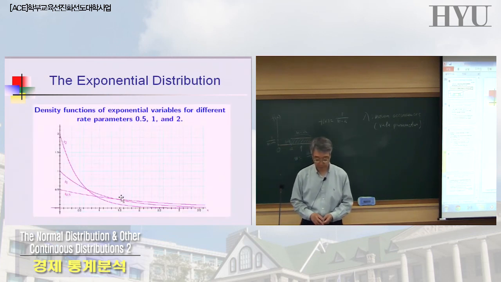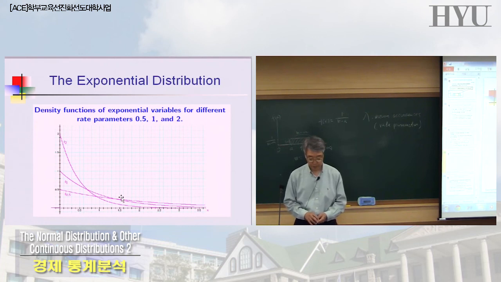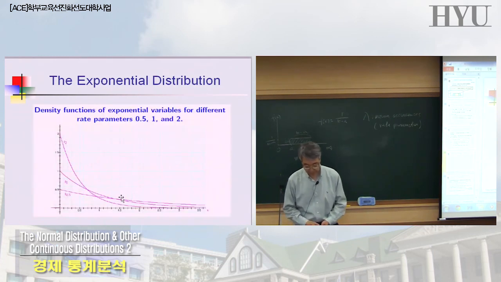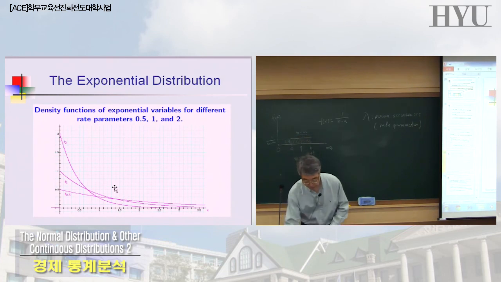Okay, here's a slide that you don't have in your notes. I just included it as an illustration. As this slide says, the exponential distribution depends on a single parameter, the value of lambda. Depending on lambda, with lambda values of 0.5, 1, and 2, the shape of the distribution is like this.